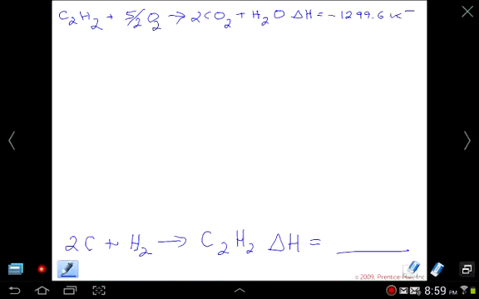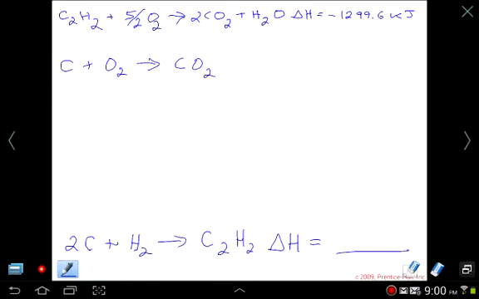The second reaction, we have carbon reacting with O2. And actually what I'll do is leave a little bit of space between them in case we have to rearrange something. So I'll go ahead and do this. We get carbon plus O2 giving us CO2.